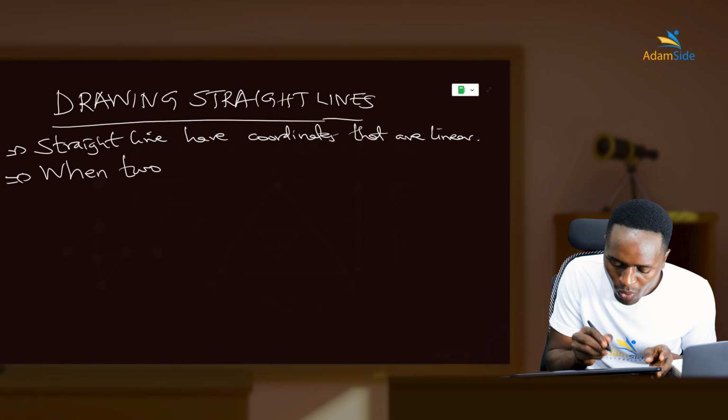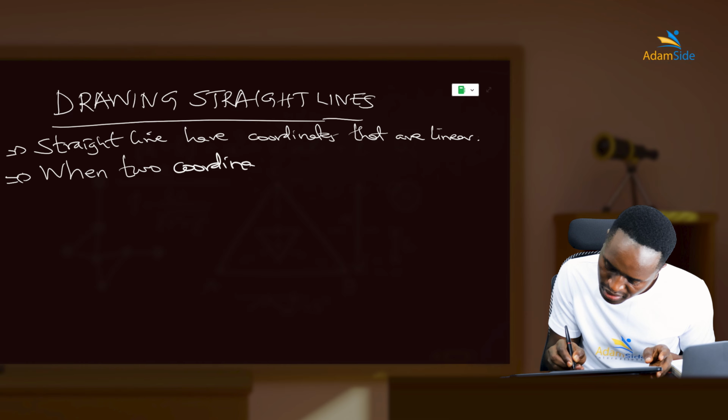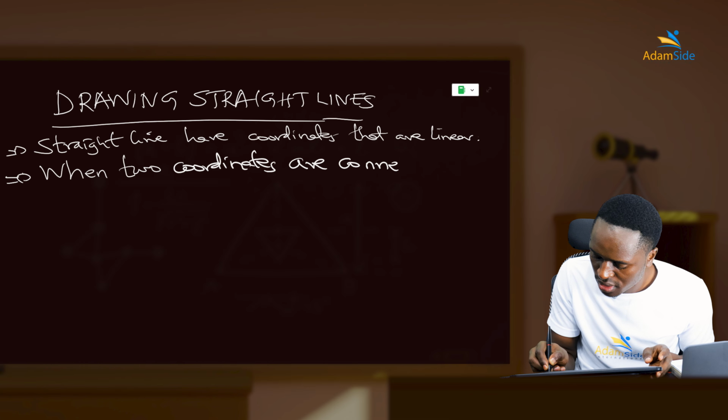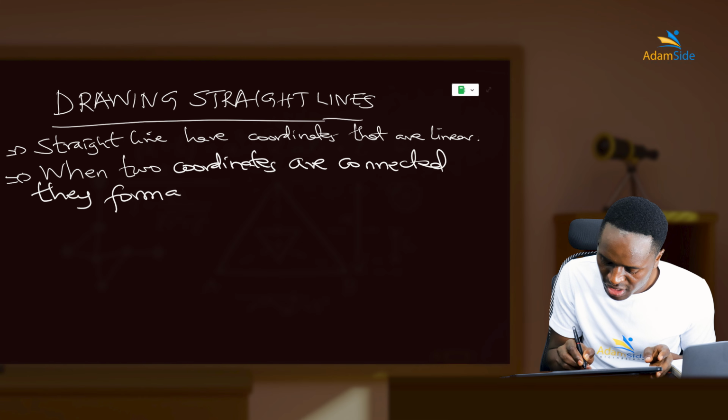So when two coordinates are connected, they form a line.